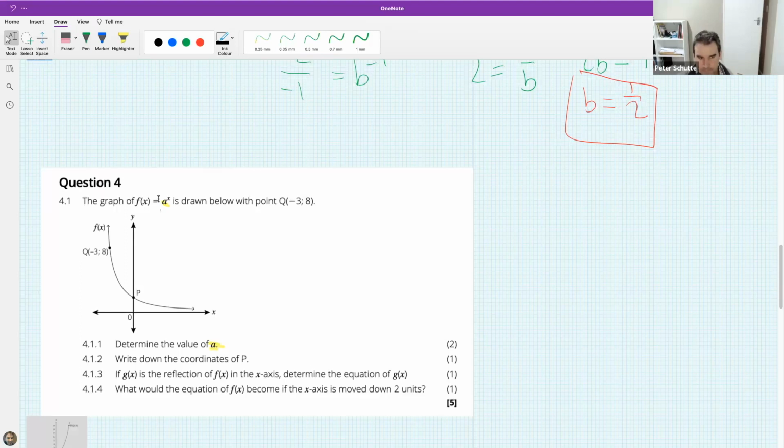See if you can do that. So what is the value, or determine the value of little a there?